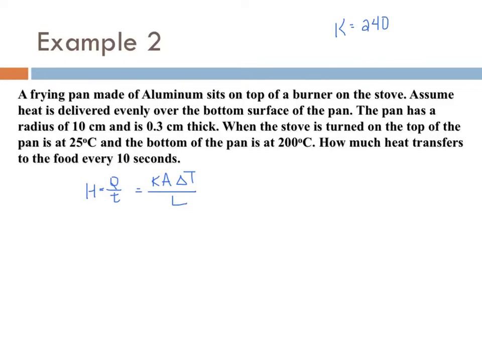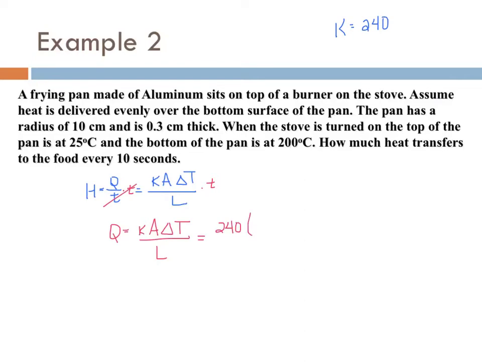So what I'm trying to do is solve for Q. So I can multiply by T, and I get Q is equal to K times area times change in temperature divided by L. So again, my conductivity is 240 for aluminum. If you ever need these values, I'll give them to you.